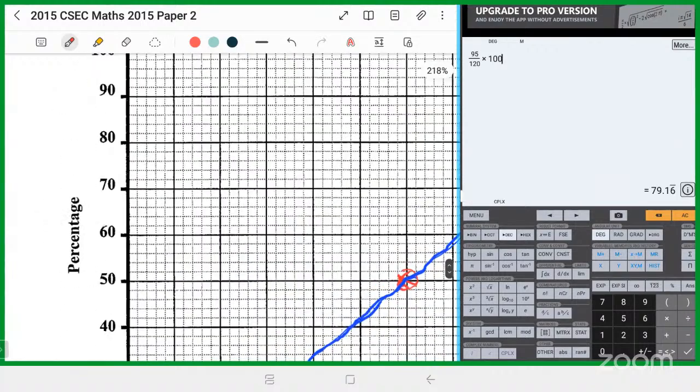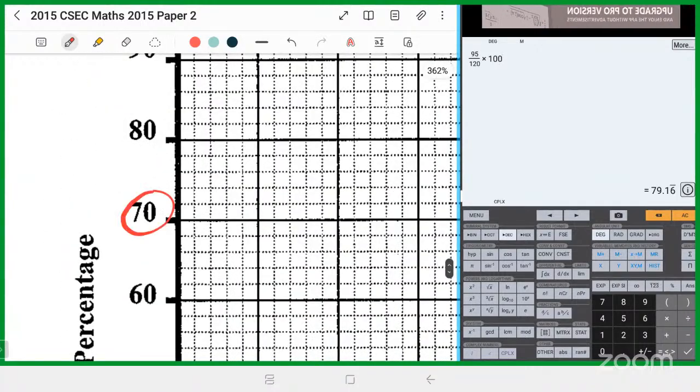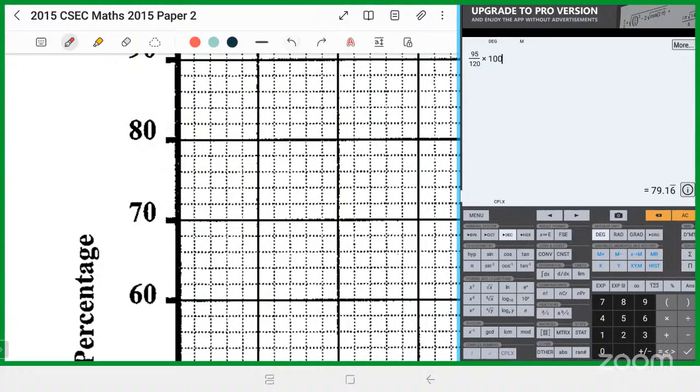So watch this now. This is 70 and this is 80. There are 5 lines, so it's 10 divided by 5, so each of those small lines is 2. So this is 70, 72, 74, 76, 78. That's 78 right here, and this is 80.